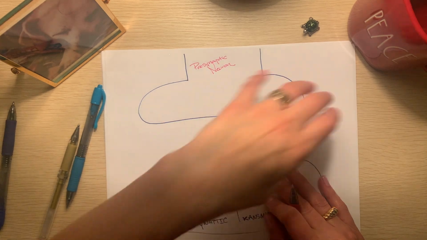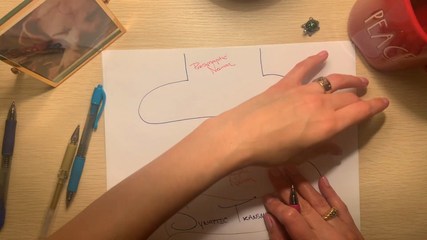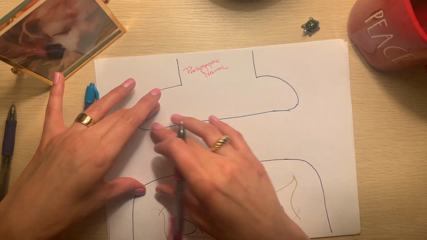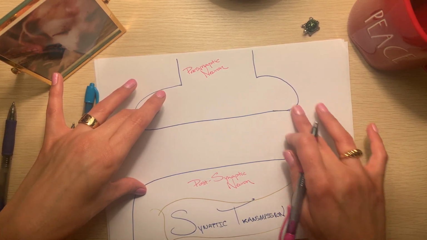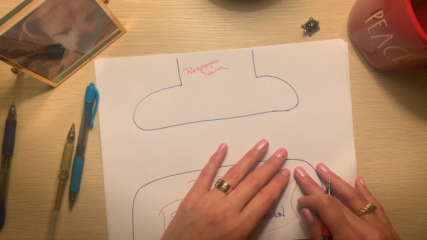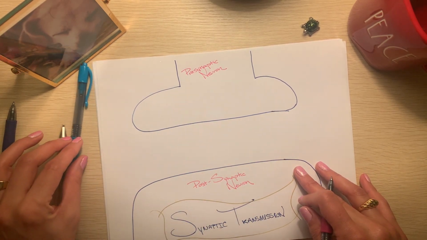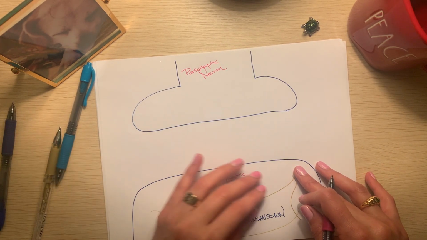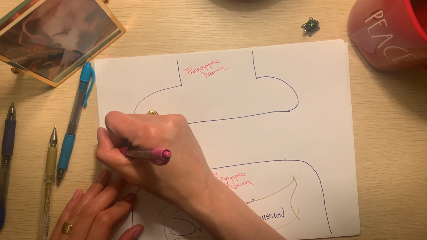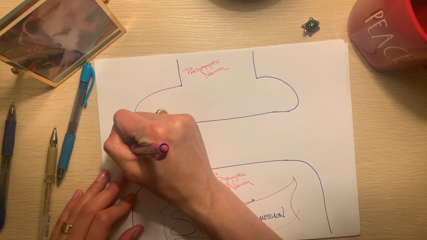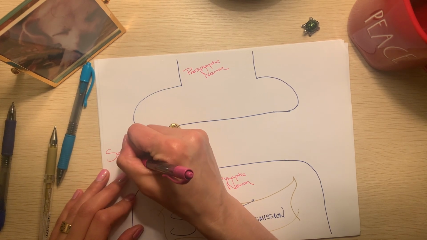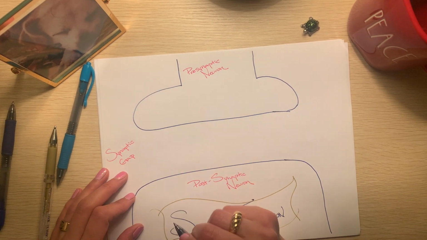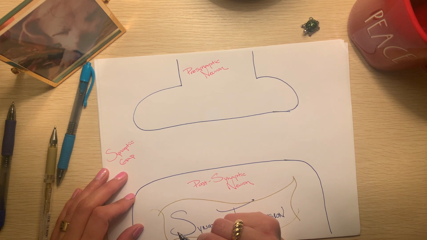So this is the synapse, this whole area, and this area in between the presynaptic and postsynaptic neurons is known as the synaptic gap. Sometimes it's also called the synaptic cleft.